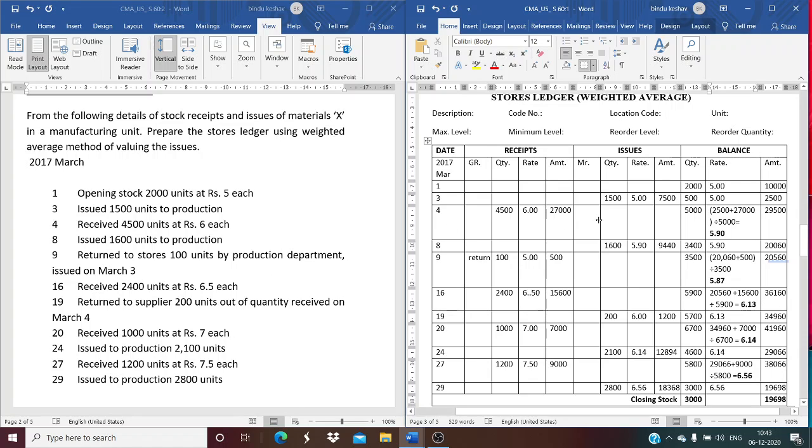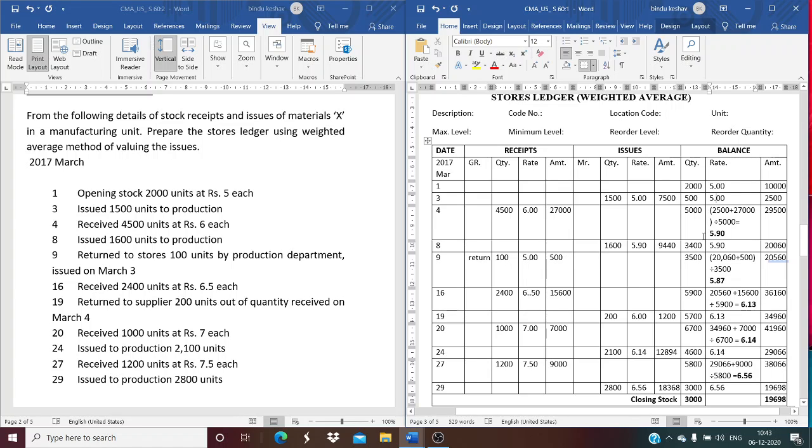Now on March 9th, return to stores 100 units by production department issued on March 3. So first we need to look into March 3rd. On March 3rd we can see that materials were issued to the department at 5 rupees per unit. So at the same rate, these materials are returned to the stores. So the stores receives it, and in the receipts column 100 units at rupees 5, 500.